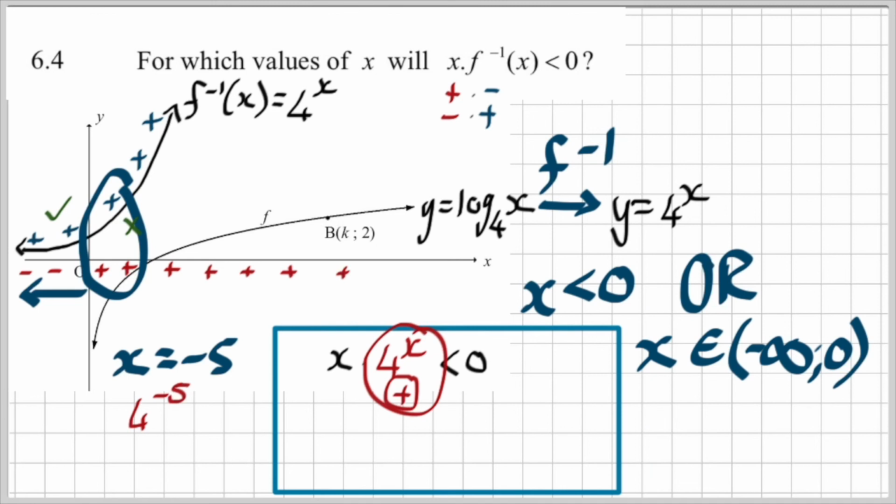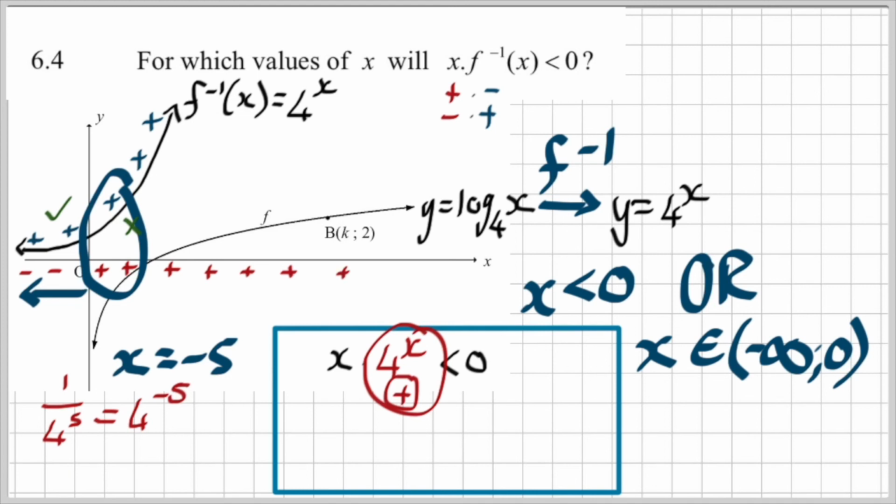Now that is 1 over 4 to the 5, which is still a positive value. So I'm just explaining that 4 to the x is always positive. And I look at the graph and I see that 4 to the x is always positive on the graph.